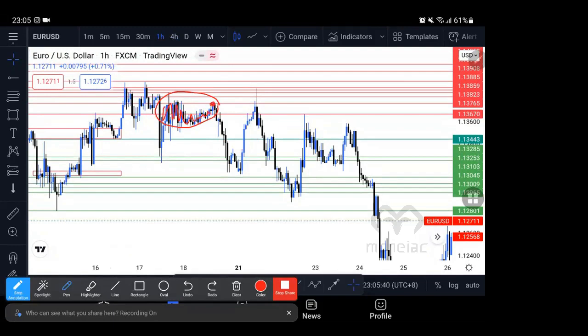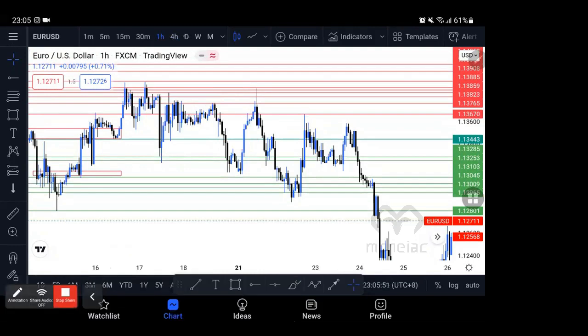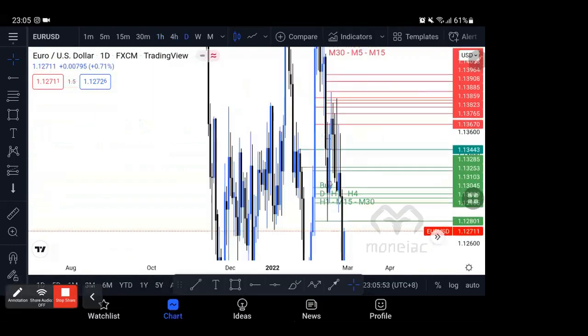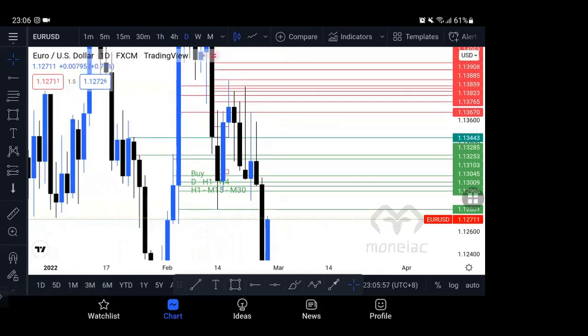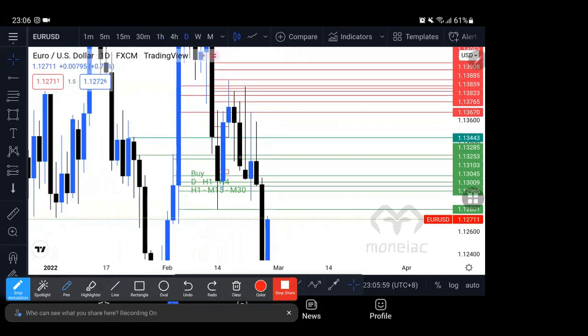And I entered over here. When it breaks, I'm just holding my position and hoping it breaks the daily. So what really happened? It didn't break the daily the first time and came back to my entry.